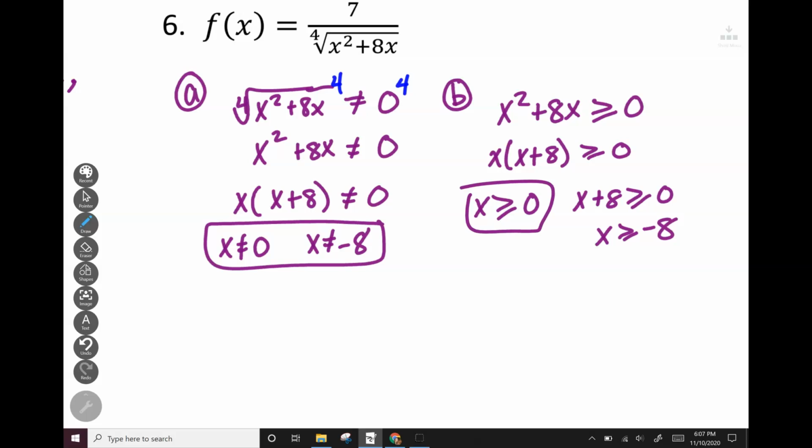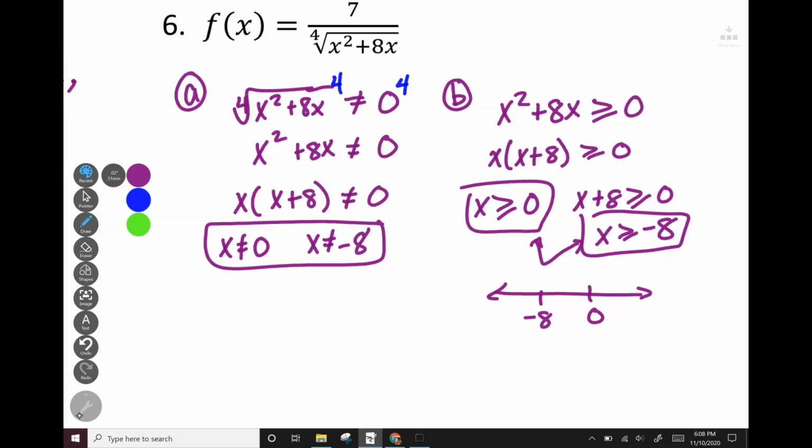Then I've got this restriction and this restriction, but let's look at these two, because we have two greater thans here. So I'm thinking one of them is probably unnecessary. I'm going to put it on a number line just so we can visualize. Negative 8, 0. If I graph that, greater than or equal to 0, that's going to be right here.